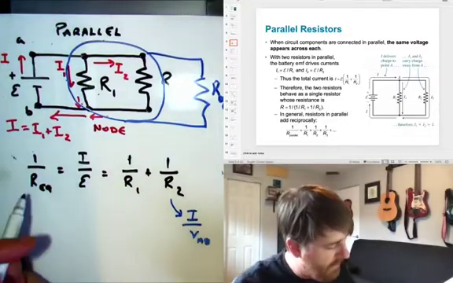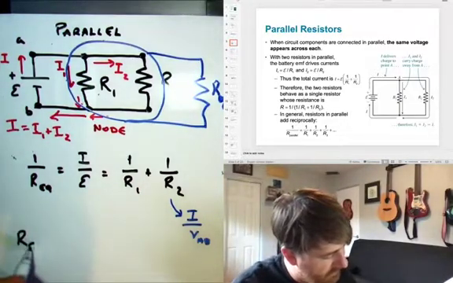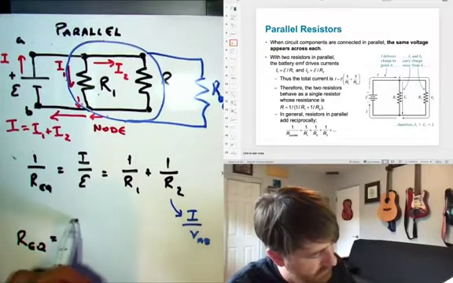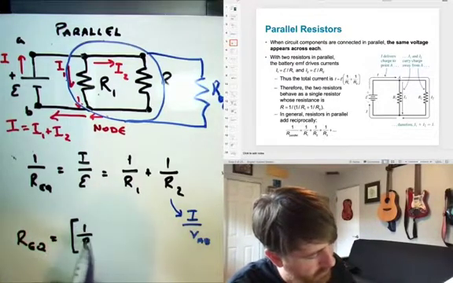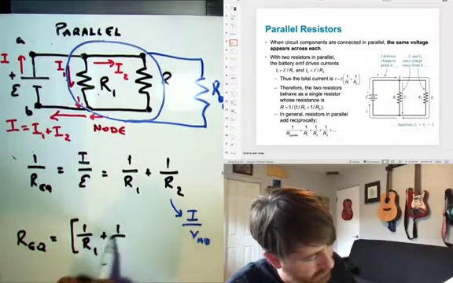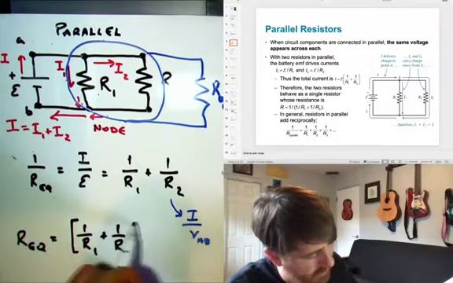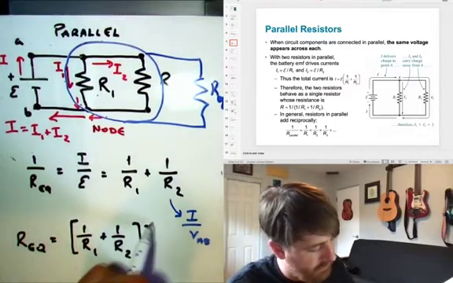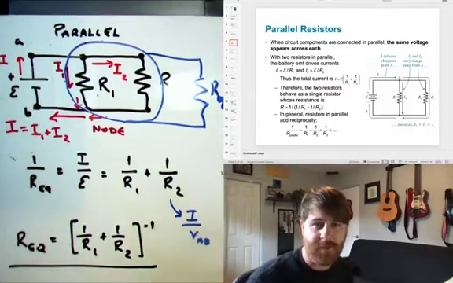So what I'm left with is that the equivalent resistance in parallel is 1 over R1 plus 1 over R2, and then I have to do 1 over that. So I flipped this, so I need to write the minus 1 power. Okay?